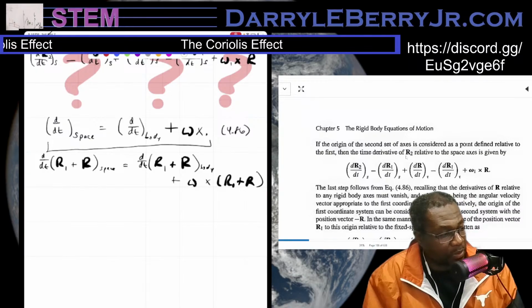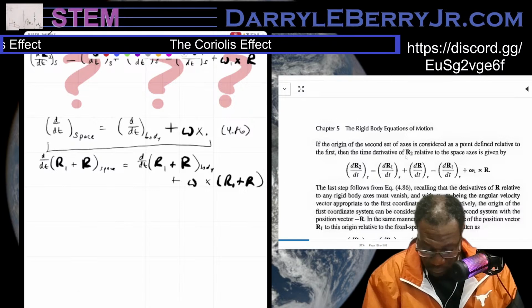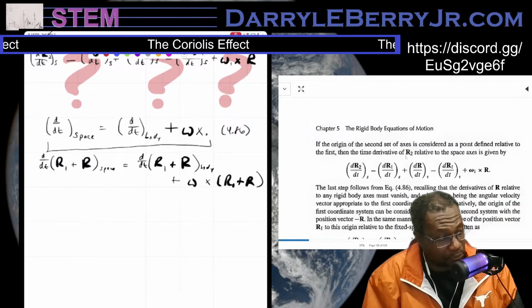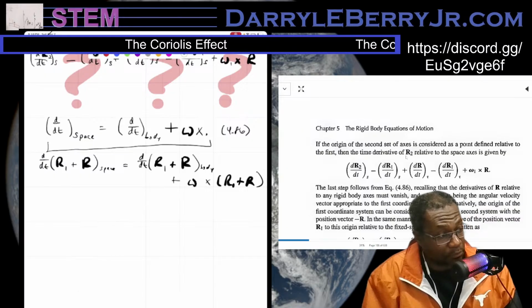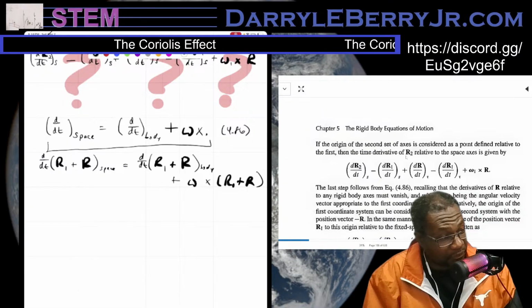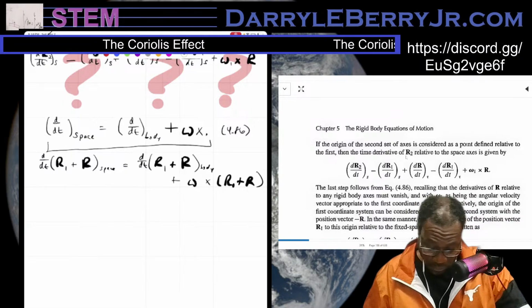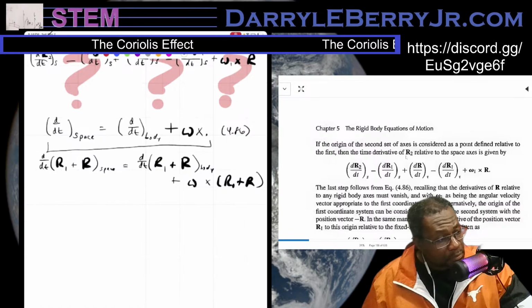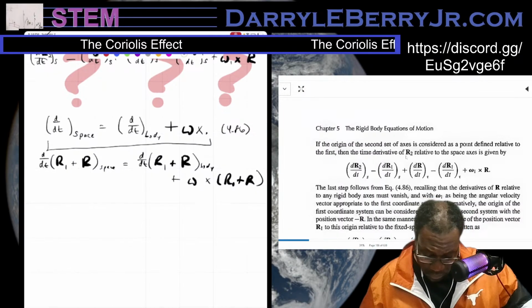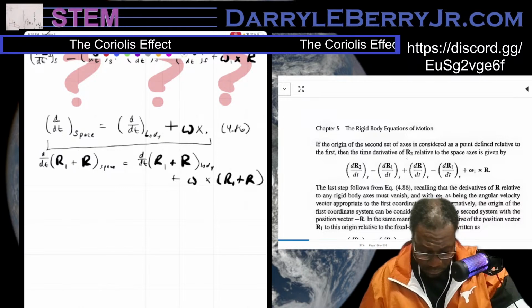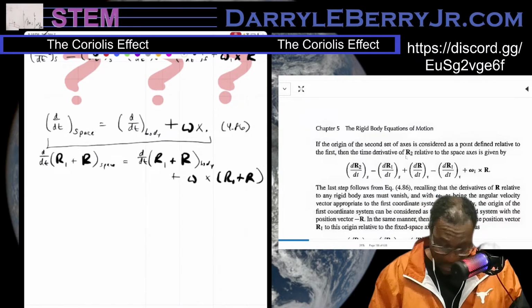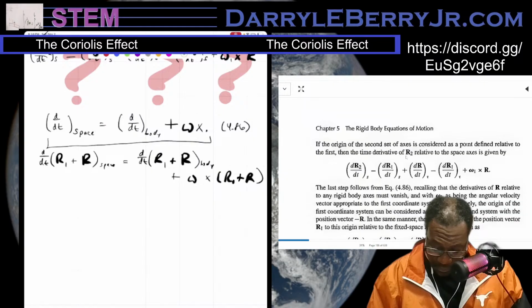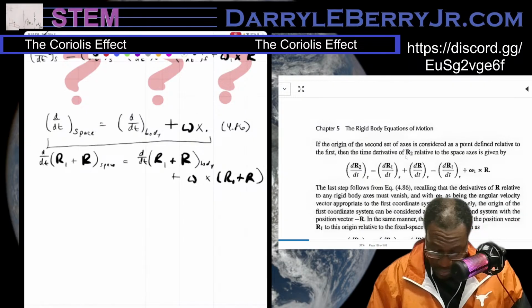How does that become omega 1? Taking the derivative of r2, keep the r2 on the left side.